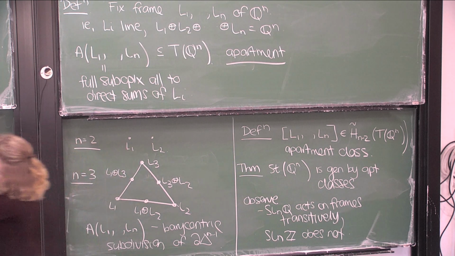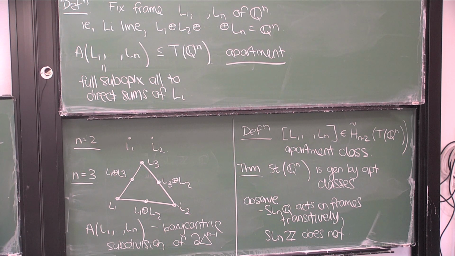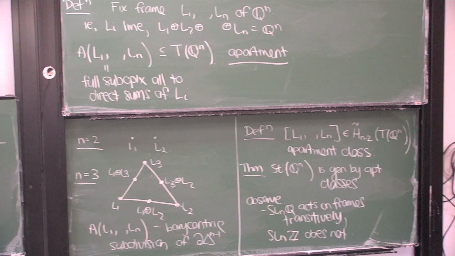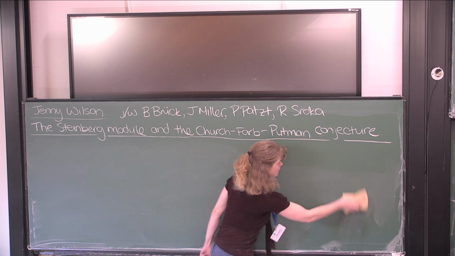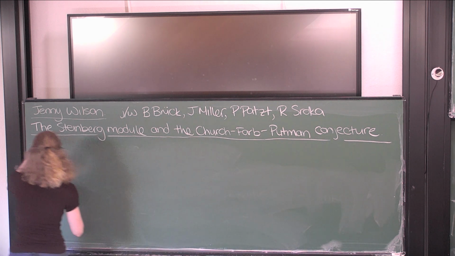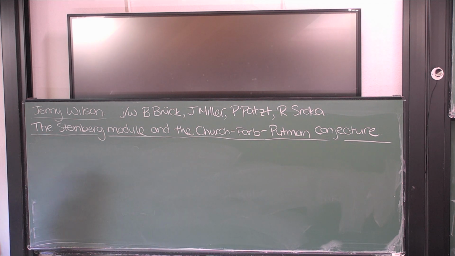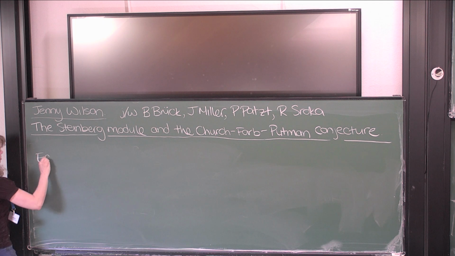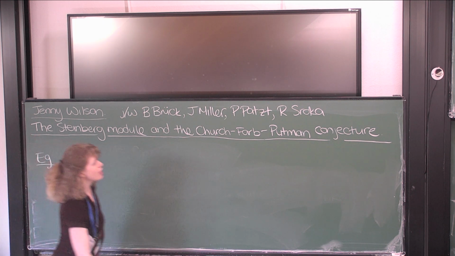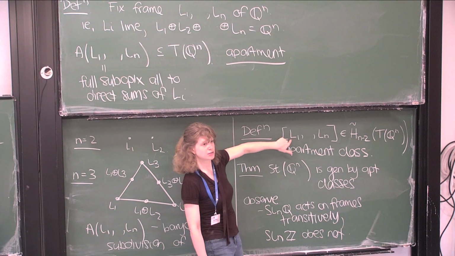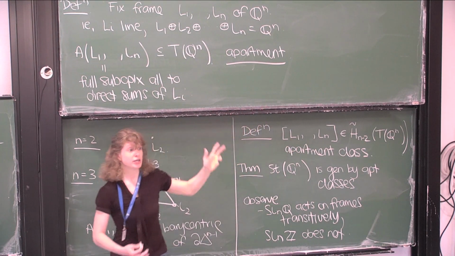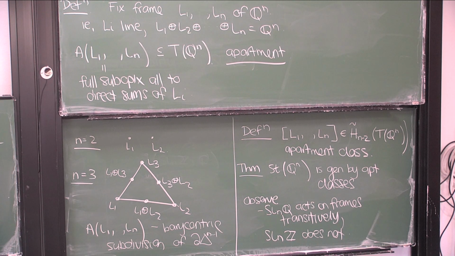Okay, and to be really explicit about that, I'll use the convention that when I'm writing down one of these apartment classes, I will write the lines by choosing a generator for the integer points. That's canonically defined up to multiplication by a unit, plus or minus 1.